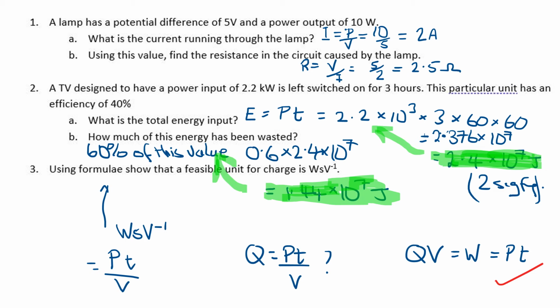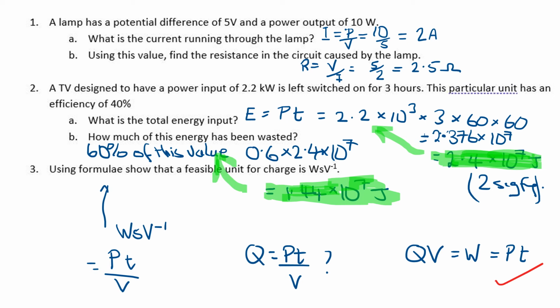And then for question 3, using formulae, show that a feasible unit for charge is watt seconds per volt. So watt is the unit of power, seconds is the unit of time, volts is the unit of potential difference.